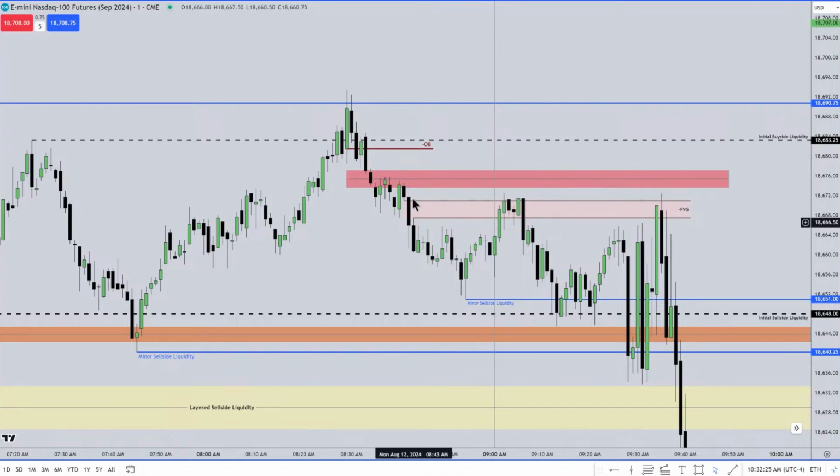Okay, and then I have this inefficiency here, which also has this. What's this green candlestick right here? It is a bearish order block, just like that one. So this opening price, did this candle close below it once it passed through? Yep. So that validates that as a bearish order block.